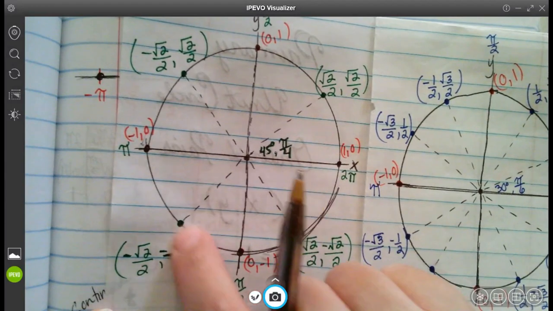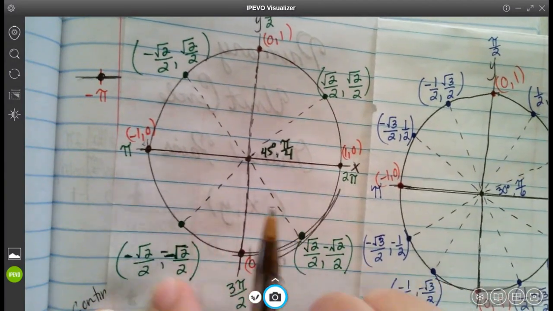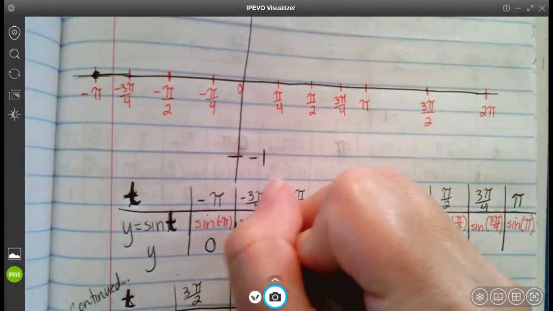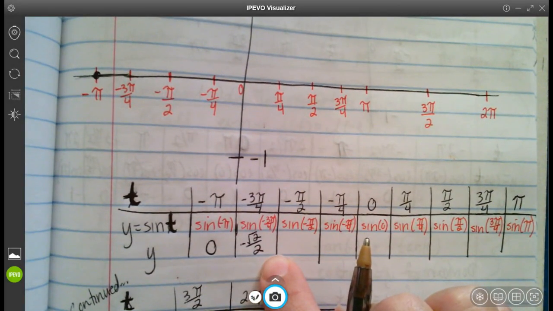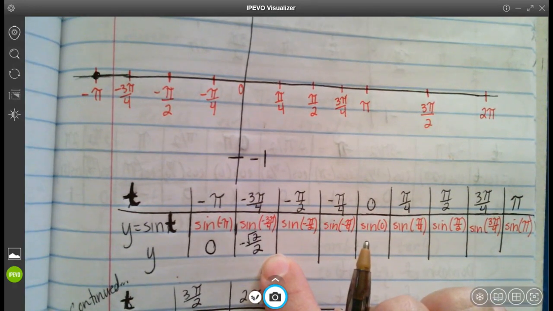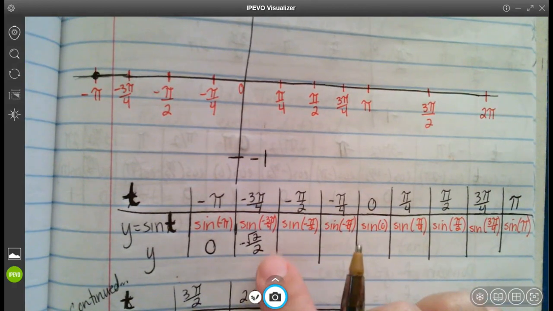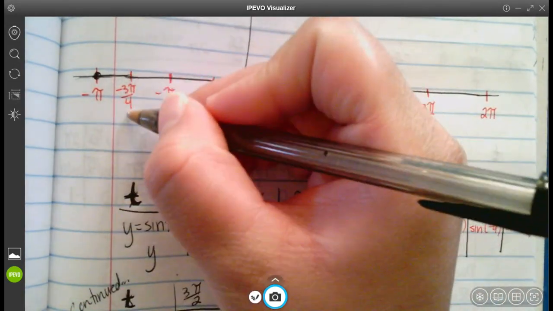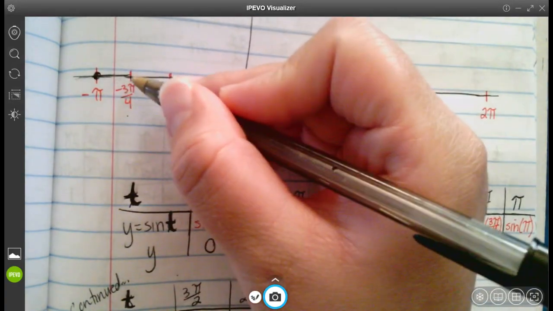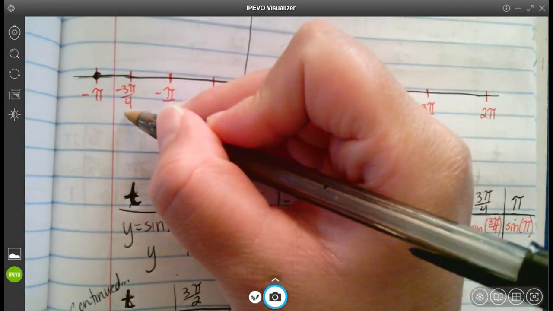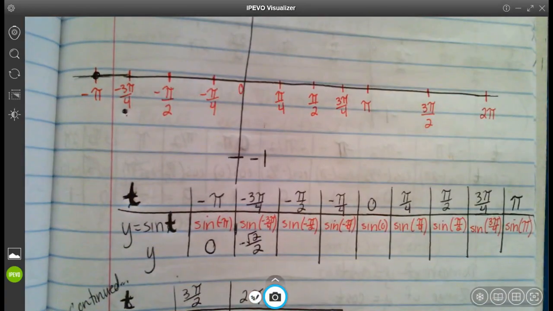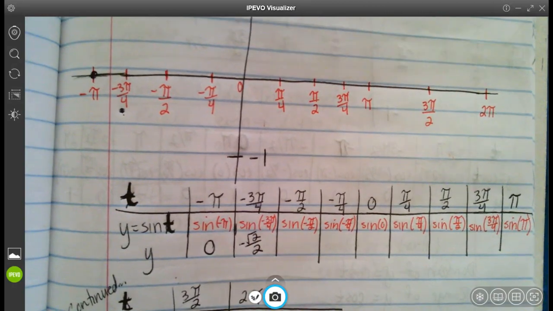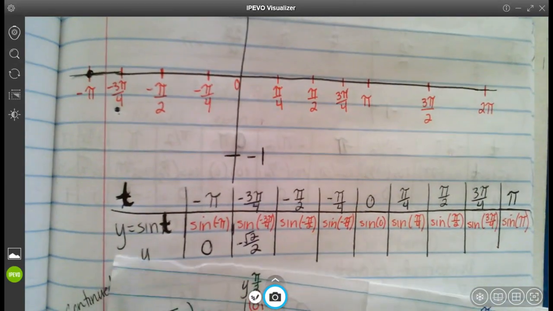And I'm looking at the y, so the y is negative square root of 2 over 2. So that's going to go next, negative square root of 2 over 2, which is some really weird number. If you check it out in the calculator, I think it's like negative 0.7 something. So I want to estimate that one to be about maybe right here. So negative 3 pi over 4 and negative square root of 2 over 2 is probably about somewhere there. I'm just kind of estimating this one, and you can plug it in the calculator and see a more accurate answer.